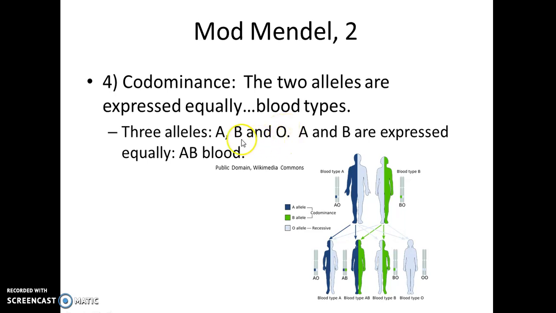O is recessive to both A and B. So if you have A blood, you can have AA or AO. B blood, BB or BO. If you have A gene and B gene together, it's called AB blood because both the A and the B are expressed equally. That is codominance. The only way to get O blood is if you have two O's.